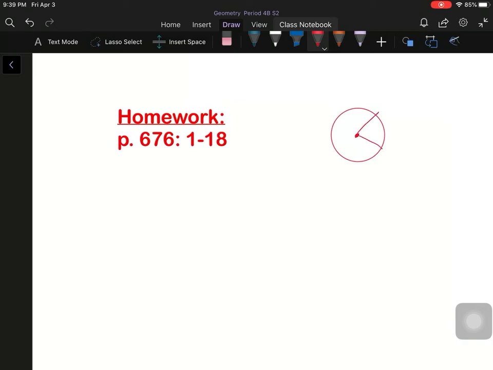When the angles were central angles, if this was 40 degrees, then the arc was 40 degrees. Today, the key to today's lesson, that's more of an oval, but we're going to call it a circle, is when the angle is on the circle. If this is 40 degrees, this is 80 degrees.